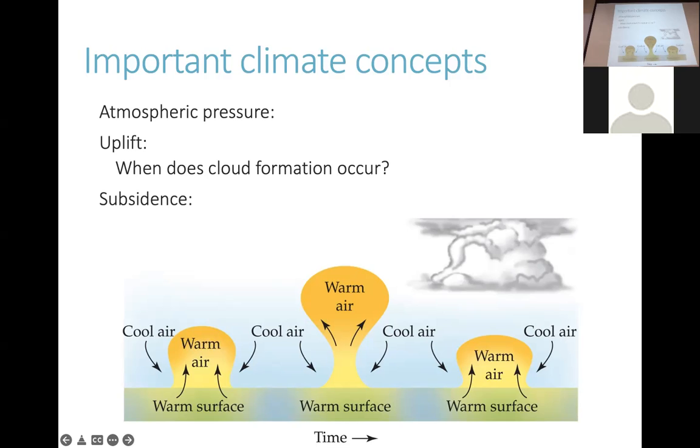So cloud formation occurs where there's a lot of warm air rising. If you have a lot of warm air rising, it's bringing water vapor with it. That water vapor condenses back down to, well, a little bit closer to a liquid and eventually rains, right? Where you have clouds, typically you have rain.